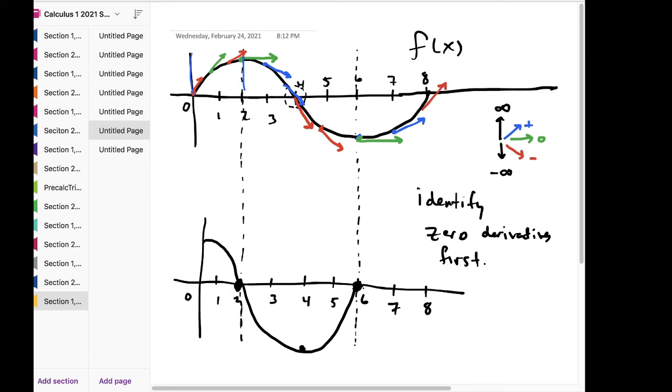And it's increasing because the slopes are getting bigger. Yeah, it's a rough sketch, but what does that graph look like? The derivative graph. Yeah, it looks a lot like cosine. All right, good.